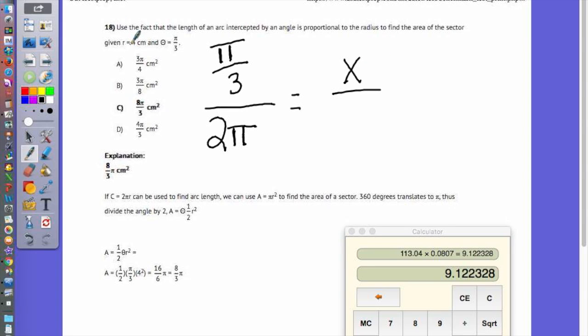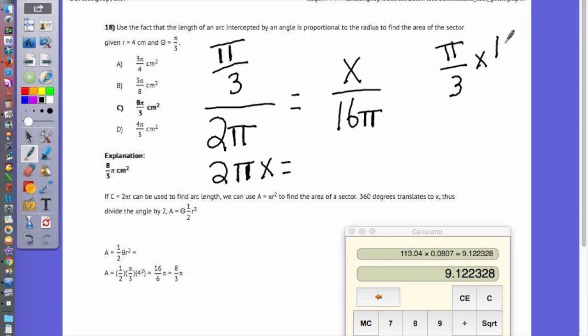The area of the entire circle would be pi radius squared. 4 is the radius, squared is 16 times pi. So now I'm going to cross multiply. 2 pi x equals pi over 3 times 16 pi. That's 16 pi squared over 3, correct? Yes.